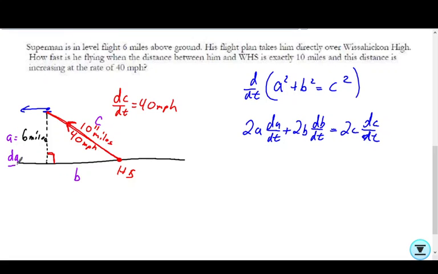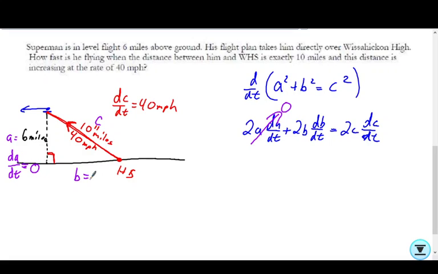What's dA over dt? Well, they said that he's flying level height. So dA over dt is not changing. It is 0. Because this height is a constant and the derivative of a constant, the rate of change of a constant, is 0. So basically we know in my equation that this is 0.